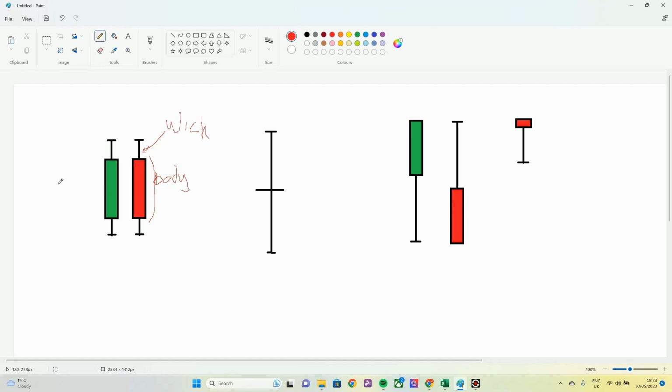So say for example, we've got a candle like that. I'm going to change that because I'm very particular. We've got a candle like that, it's green, so it's positive. Say there's no wicks on it whatsoever, what this candlestick represents is that the price started here and the price ended here.